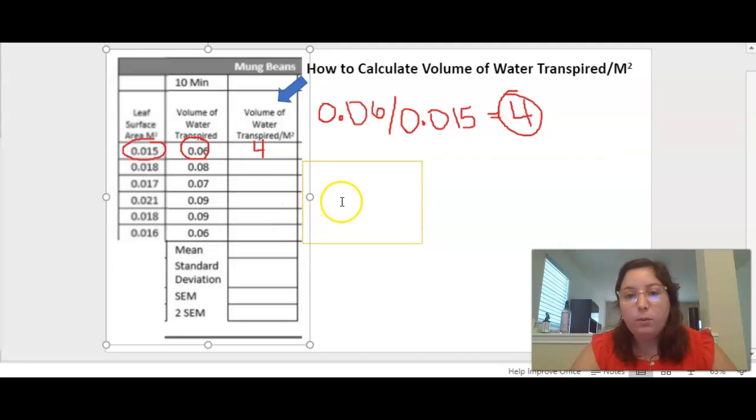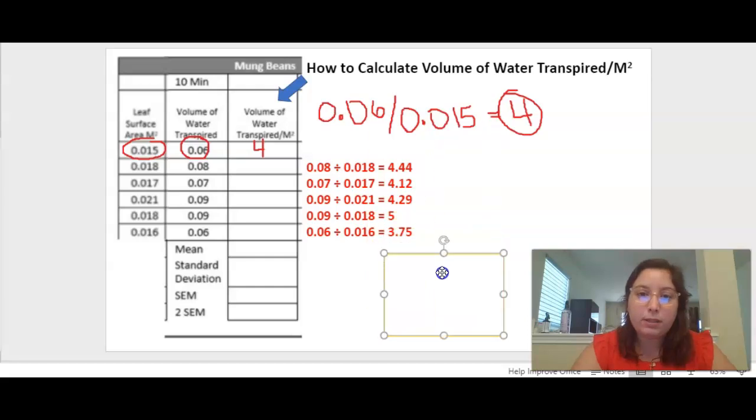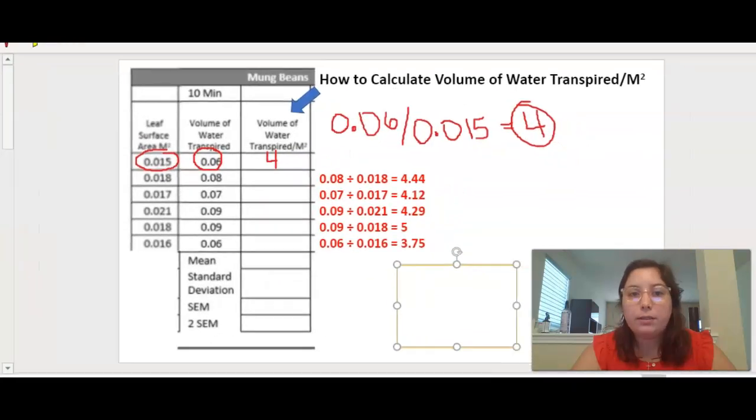All right. When I remove the secret box, you're going to see that these are the answers that we get. All right. So we get 4 for the first one, 4.44 for the second one, 4.12, and so on and so forth. So you're going to add these numbers to that respected place.